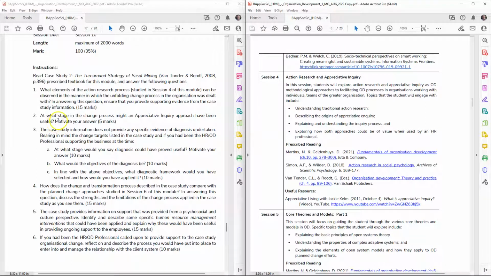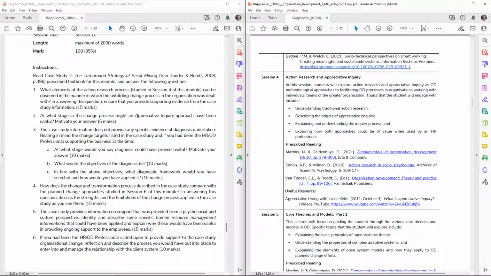We don't have a model answer for that stage. We want you to motivate your answer for where in that whole process you would have applied the appreciative inquiry approach, because there could perhaps have been several areas or stages where you could have applied this, and then you need to make a call as to where it can best be applied.